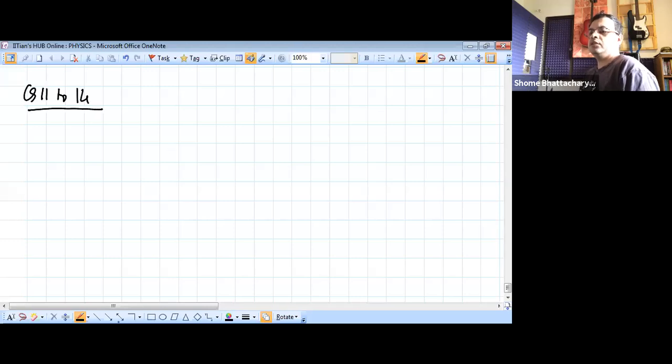So in question 11 to 14, you have to check various options for sum and difference and those kind of things of vectors A, B and C, where A, B and C are given to you in the diagram. So best way to do the question is from the diagram, convert them to component form. So then you can check the operations very easily.